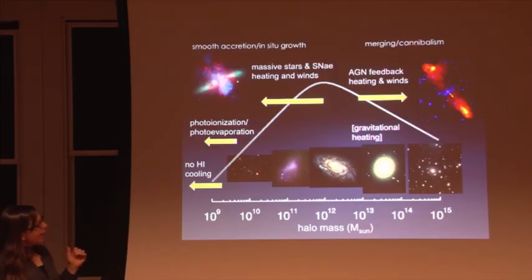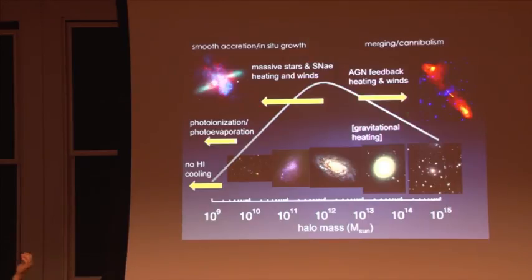But in addition to that, it makes some other interesting predictions. For example, down here, galaxies acquire most of their stellar mass by accreting diffuse gas and turning it into stars within the stellar body of that galaxy, what we would call in situ formation. And so they tend to be mostly disk-dominated.